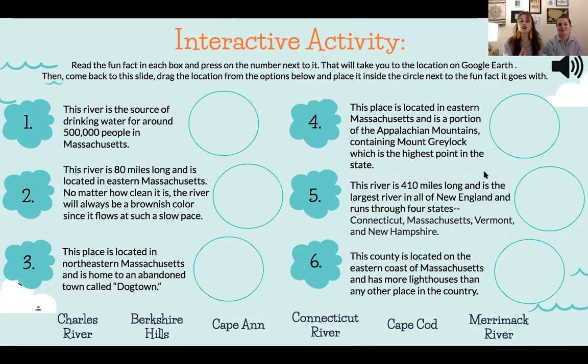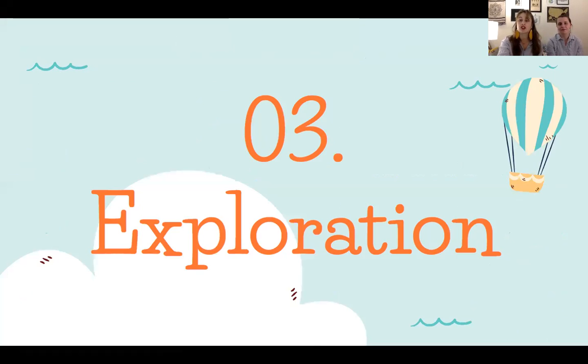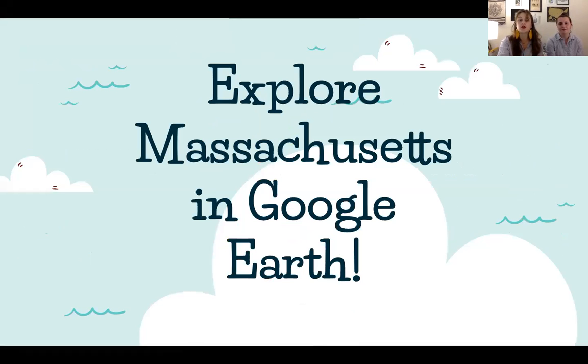Yeah, so that's what they would do as their interactive activity. And then moving on after that, they would go to an exploration piece where they can really just feel free to explore more. So yeah, we thought it'd be important to incorporate this aspect, especially for students that are fast finishers, also just to give them a little bit of freedom to explore Massachusetts. So they have some boundaries in that, but they can also use their skills that they learned about Google Earth.